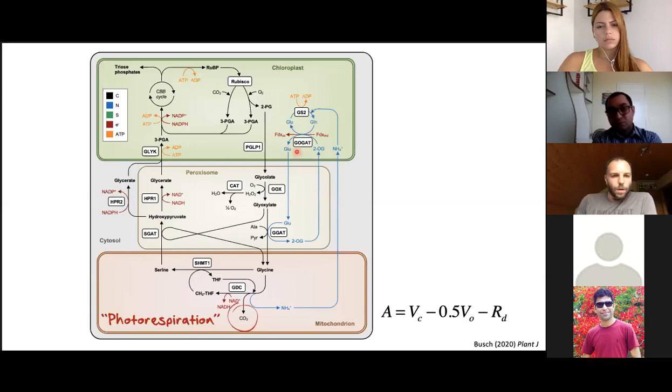So the true sense of the word photorespiration is this CO2 being released. But you can also see it as this pathway here that recycles phosphoglycolate. So the photorespiratory pathway really is the metabolite pathway that involves all these enzymes here that make this happen. And people have been looking for those enzymes and describing those enzymes for quite a while.